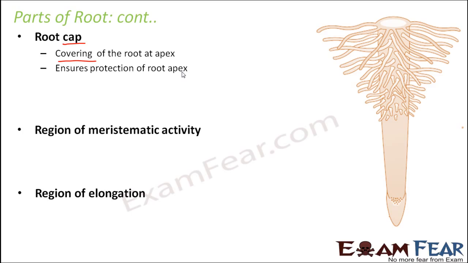As the root goes deep into the soil, the outer layers of the cap start wearing away. These outer layers undergo a lot of wear and tear, but since the cap is there, nothing damages the actual root tip. That way it protects the root tip. Whatever wear and tear happens on the layers of the root cap, they are gradually replaced by the apical cells, the cells present at the root apex.